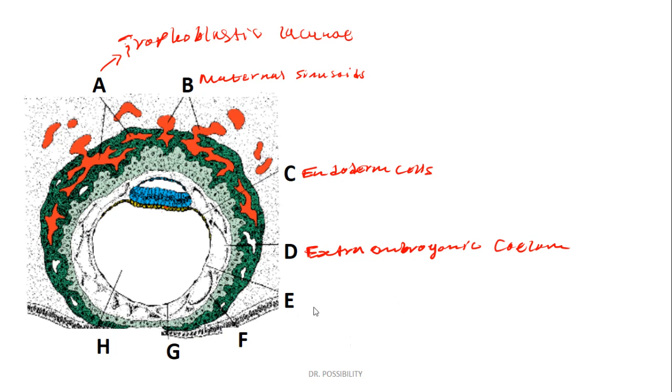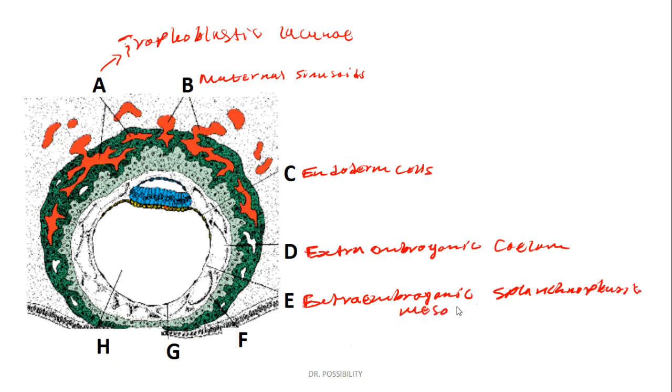So meaning the outermost one, near this cavity, you need to understand that this is just the extra embryonic splanchnopleural mesoderm.